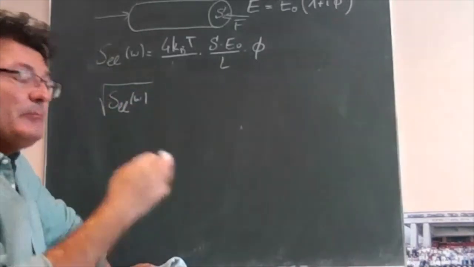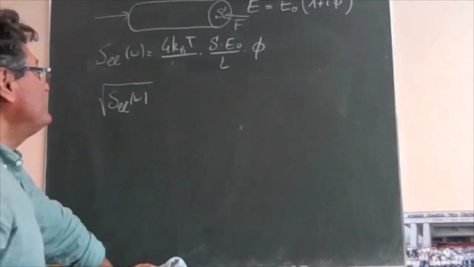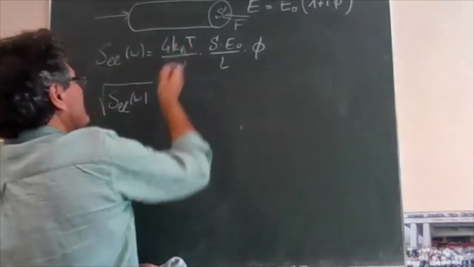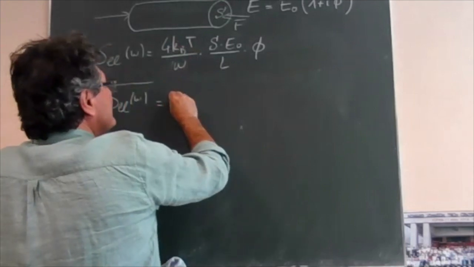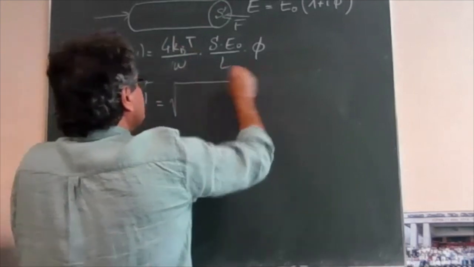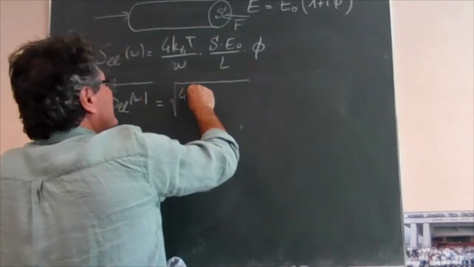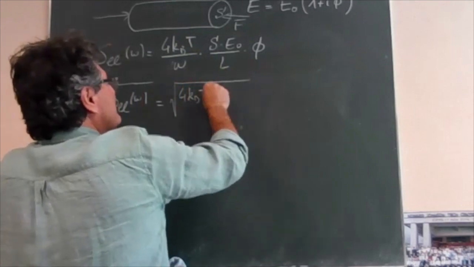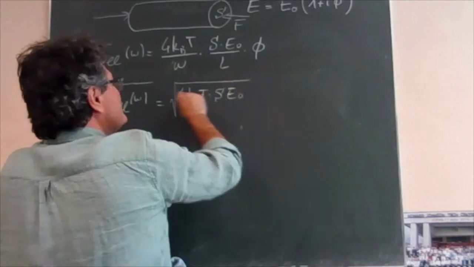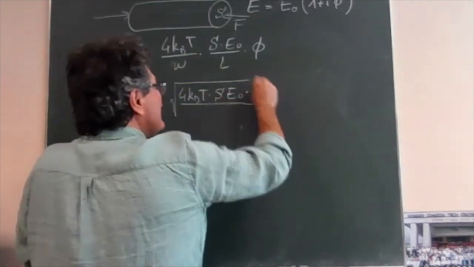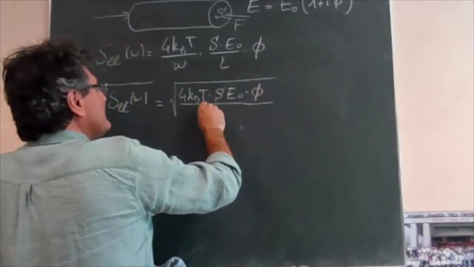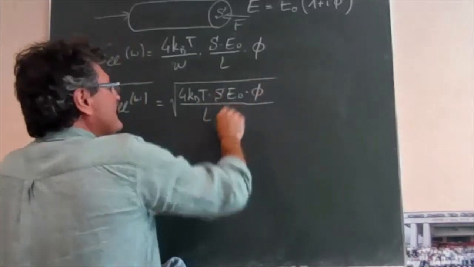This is meter per square root of hertz. Okay, this is omega. So this is the square root of 4 kBT, the cross section, the Young modulus, times the loss angle, divided by L times omega.